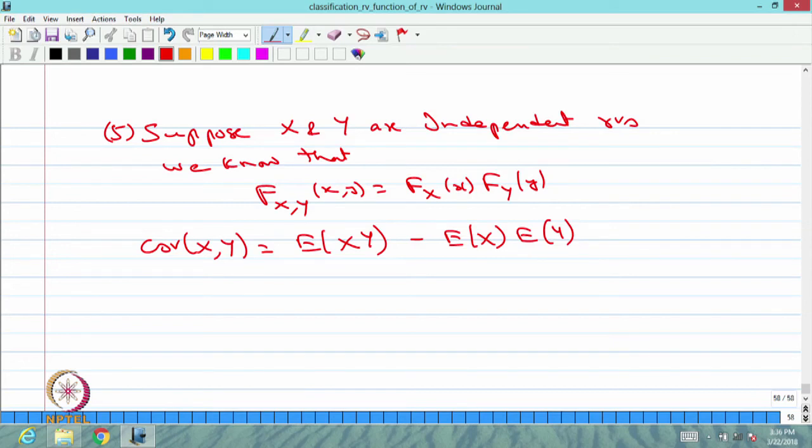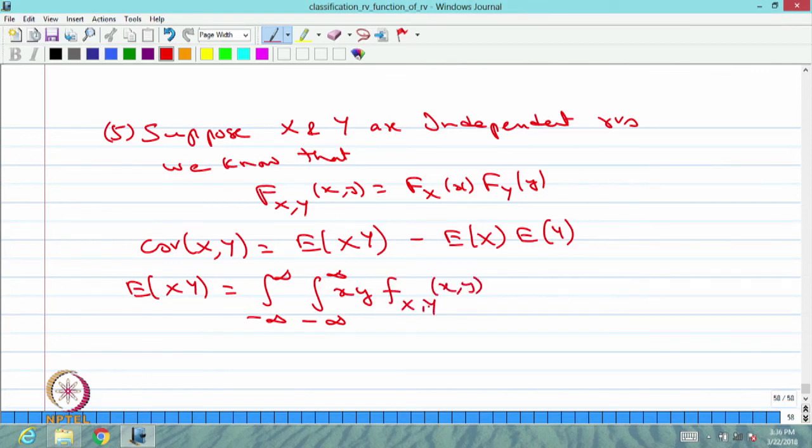When two random variables are independent, let us compute the expectation of x into y. Suppose I assume that both random variables are of the continuous type. That is the integral from minus infinity to infinity, and minus infinity to infinity, of x times y times the joint probability density function of x comma y, dx dy. I am making the assumption that both random variables are of the continuous type.